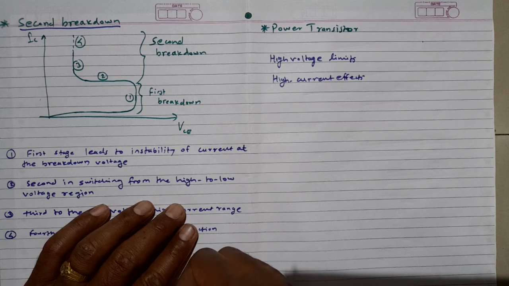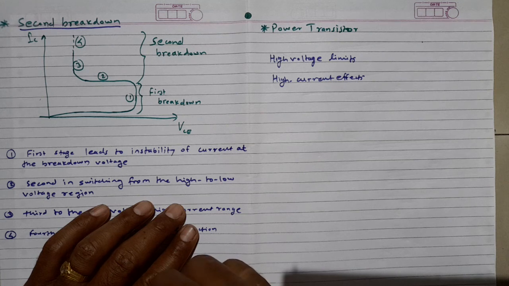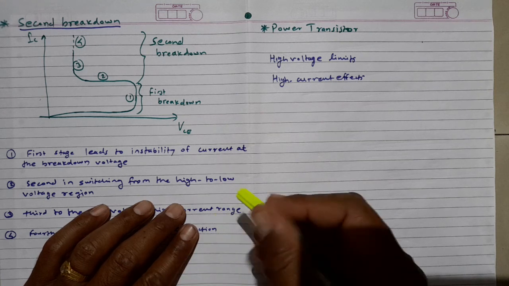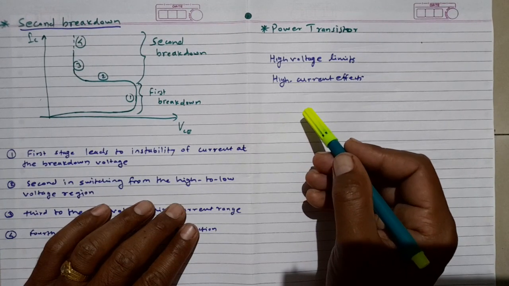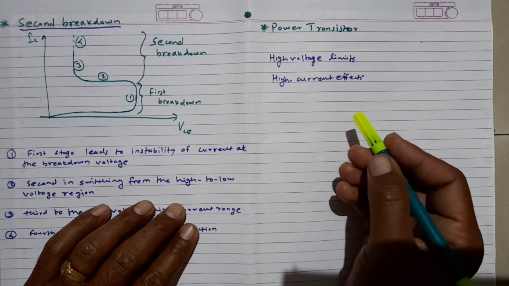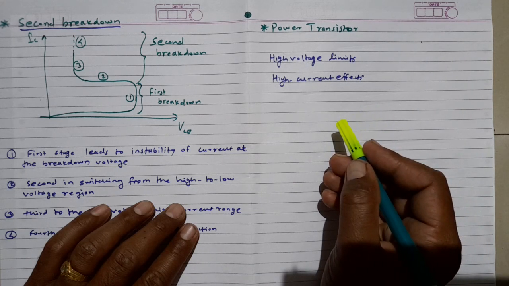So power transistors are designed for power amplification or some power switching properties, and obviously they must handle a higher amount of voltages and or large amounts of currents flowing through them.